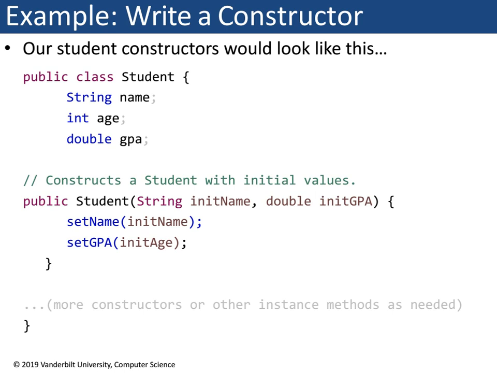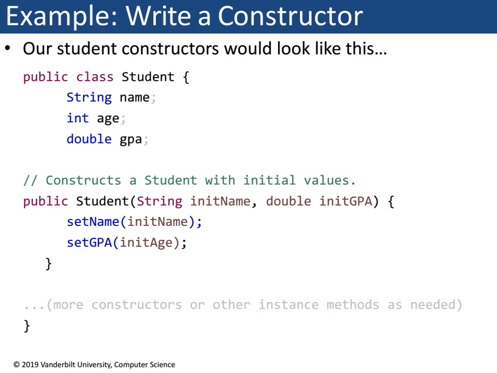So public, and then the name of the class, and then whatever parameter list we intend to pass to this particular constructor. So in this constructor, we expect the initial name and the initial GPA. And then we're using our mutator methods, setName and setGPA, to set the instance variable to the initial name passed to the constructor and the initial GPA passed to the constructor.